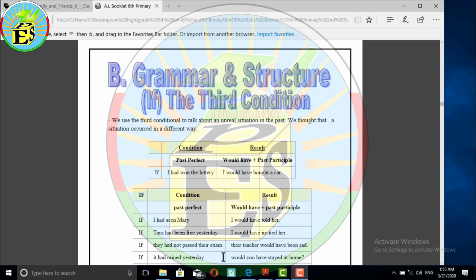Fourth, if it had rained yesterday, would you have stayed at home? This is a question, so he put would before the subject.